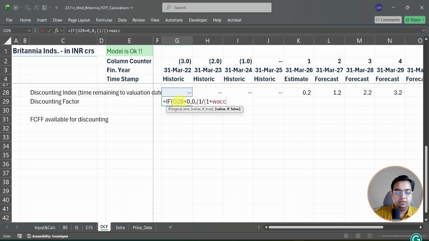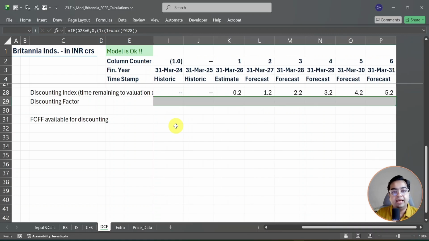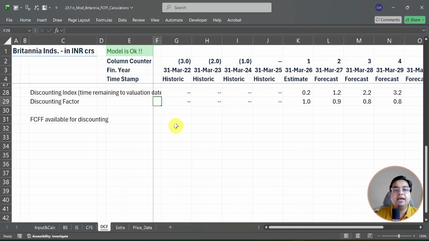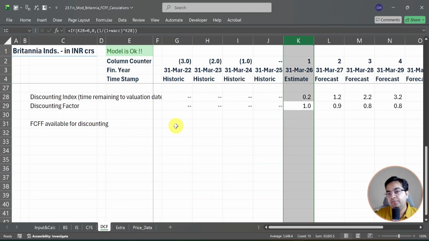I press tab, close the bracket, which is the denominator section, to the power of n. So n is going to be G28 itself. I close the bracket, and the final bracket has also been closed, and I press enter. I select this array and press Ctrl R, and here we have the discount factor.